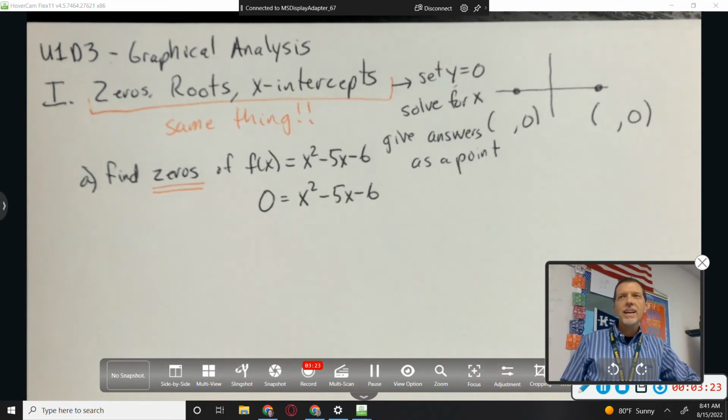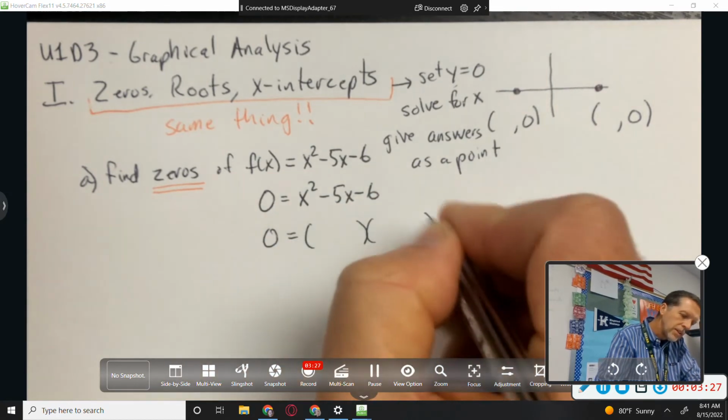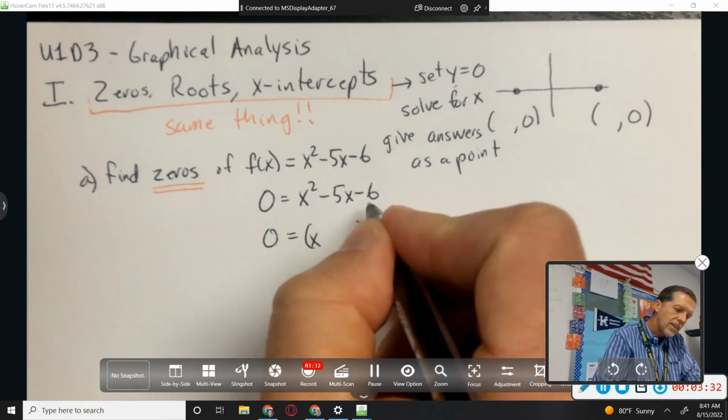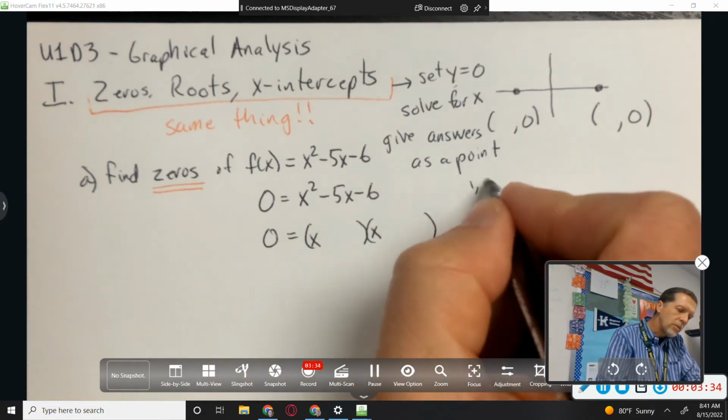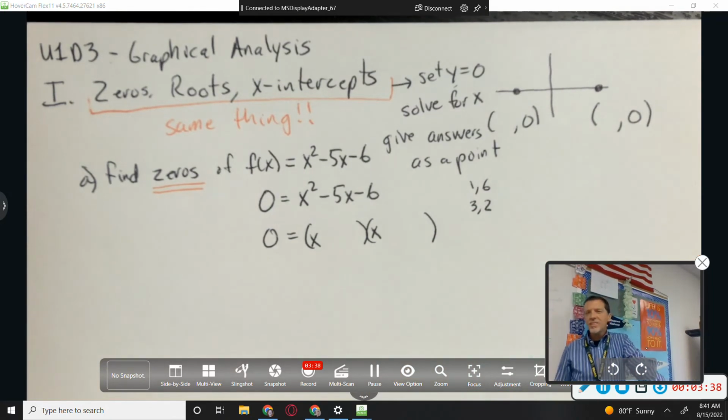Factor it. So multiply to negative 6 and add to negative 5. This is always the one that trips students up because 1 and 6 kind of work and 3 and 2 kind of work. But only one of them really works. Which one is it?